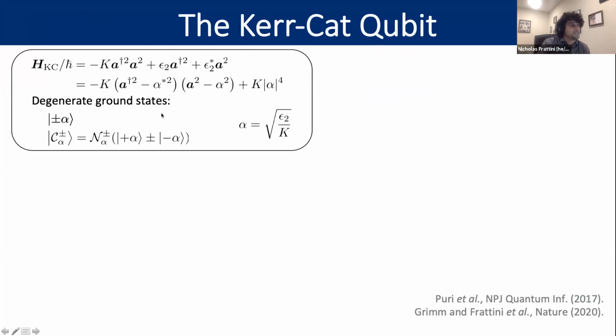Okay, they will at least be eigenstates. And as well as their superpositions. So you can see right away that we have a completely degenerate subspace here, which is spanned by these states. And again, the cat size is given by the ratio between the drive strength and the Kerr nonlinearity.